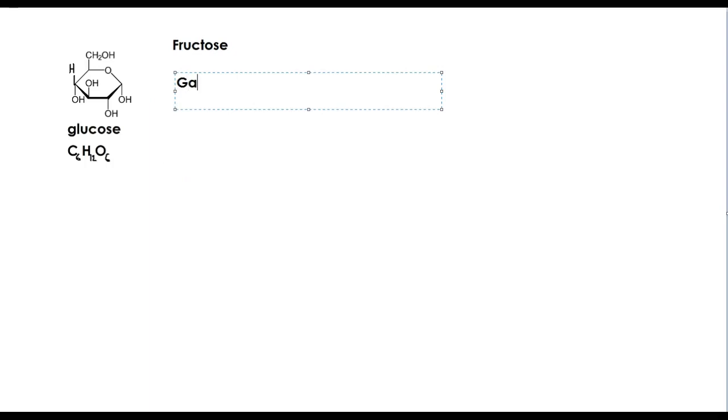But galactose is your other monosaccharide. So these 3 are your 3 monosaccharides, okay? So it's very important that you understand that those 3 are monosaccharides. Those monosaccharides are going to be derived from disaccharides, because disaccharides are going to be made up of 2 of these.